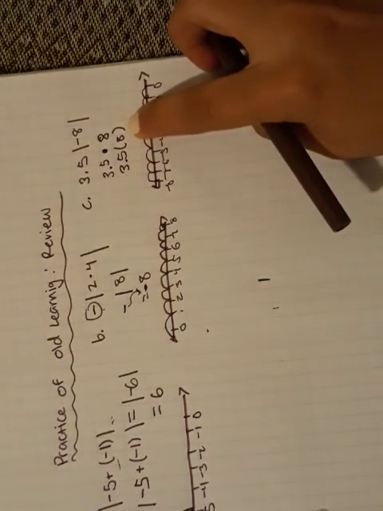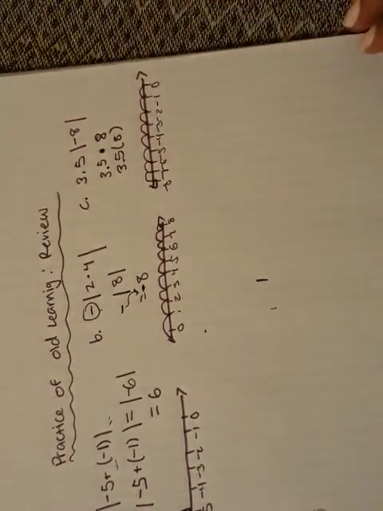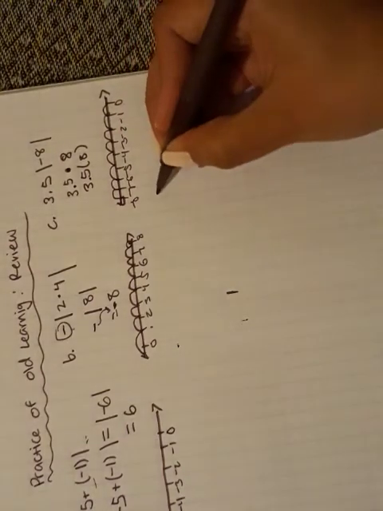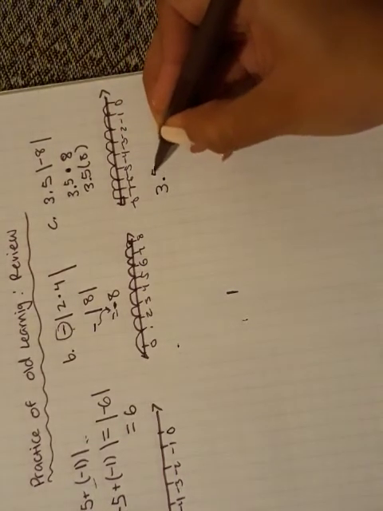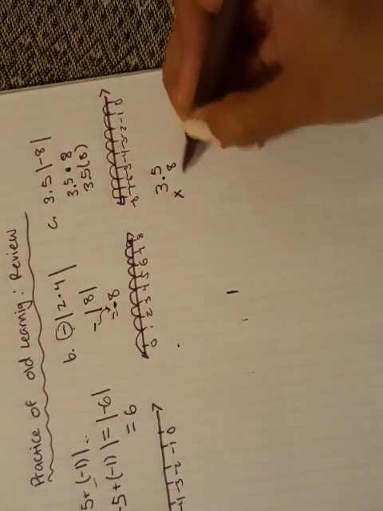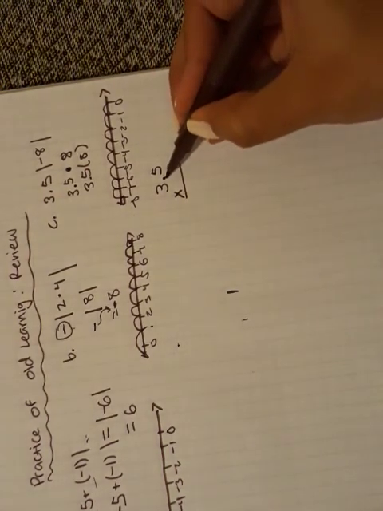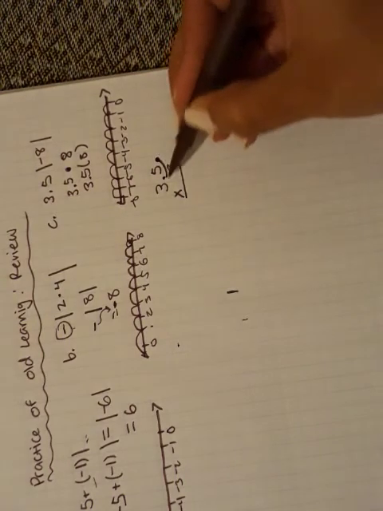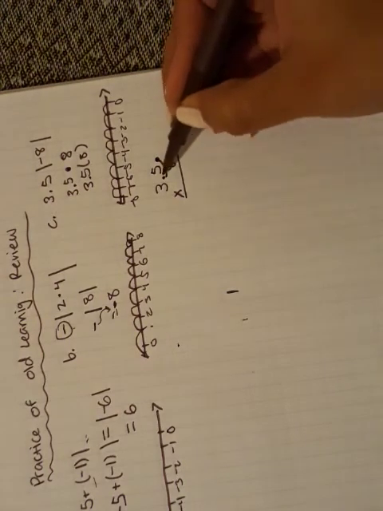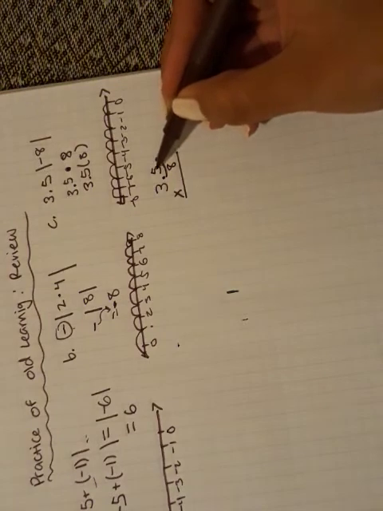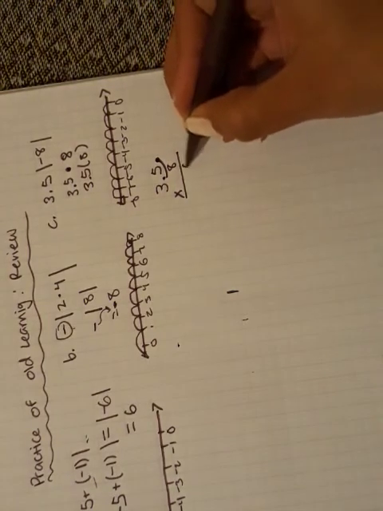3.5 times 8. I'm going to do my little math work over here. 3.5 times 8. When you're multiplying decimals, remember, let's move it out of the way. We're going to move it one space away. Let's keep that in mind. We moved it one space. 5 times 8 is 40.